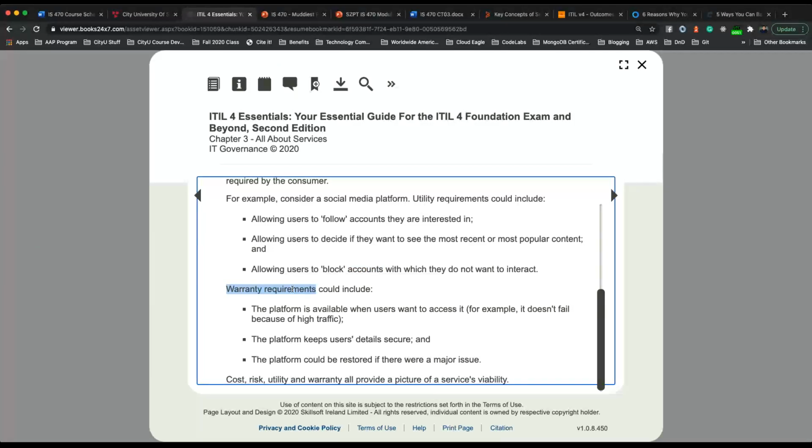The warranty requirements could include making sure that the social media platform is available when users want to access it, and it doesn't fail because of high traffic. The platform keeps users' details secure, maybe data encryption at rest and data encryption in transit. The platform could be restored if there is a major issue. Okay.